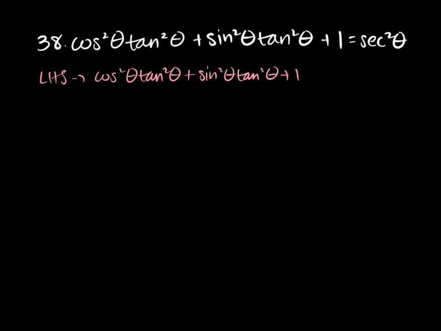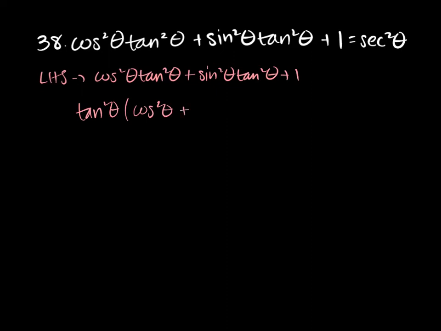Okay, now looking at this, you may be tempted, well, I've got two tangents, and then I've got sine and cosine. They don't literally look the same. I'm going to change everything to sines and cosines. Before you go there, however, notice that in the first two terms of this expression, they both have tangent squared, right? So we're going to factor out a tangent squared theta, because factoring is our friend.